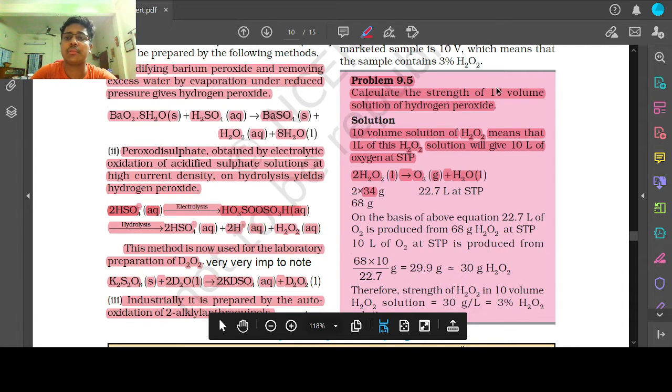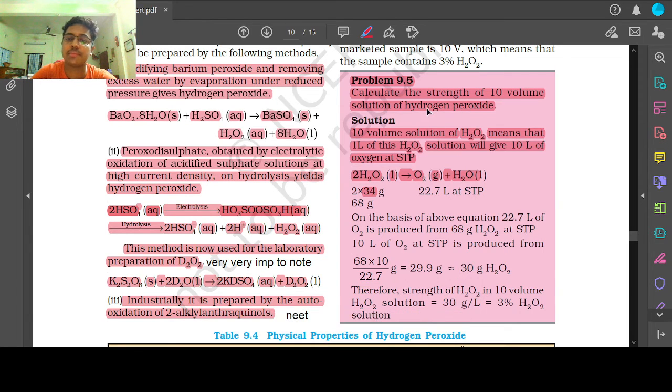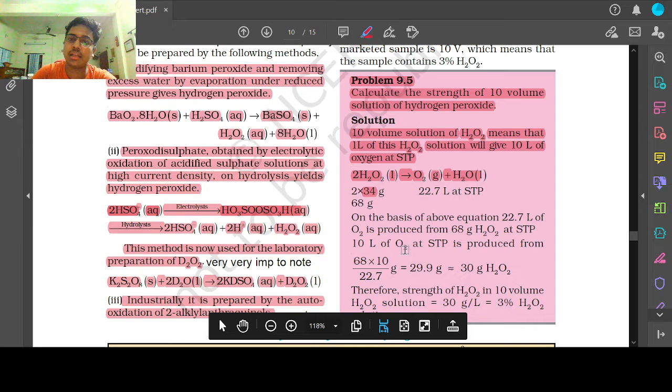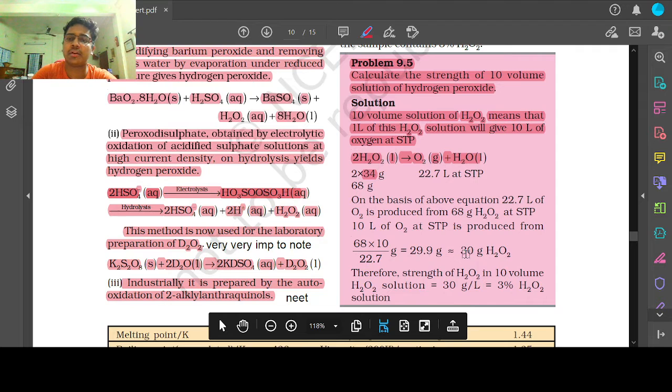And here in the question we are given a 10 volume solution of H2O2, which means 10 liters of oxygen will be produced. So 22.7 is given by 68 grams, 1 liter is given by 68 by 22.7, and 10 liters is given by 68 by 22.7 into 10 grams, that is 29.9 grams, or approximately 30 grams H2O2.